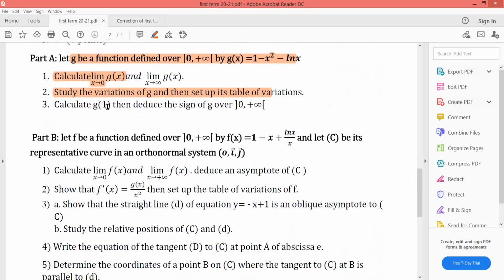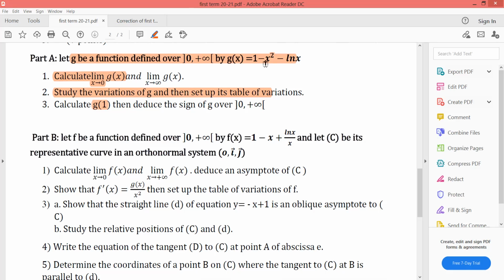Calculate g of 1, then deduce the sign of g over 0 plus infinity. First, g of 1 becomes 1 minus 1 minus ln 1.